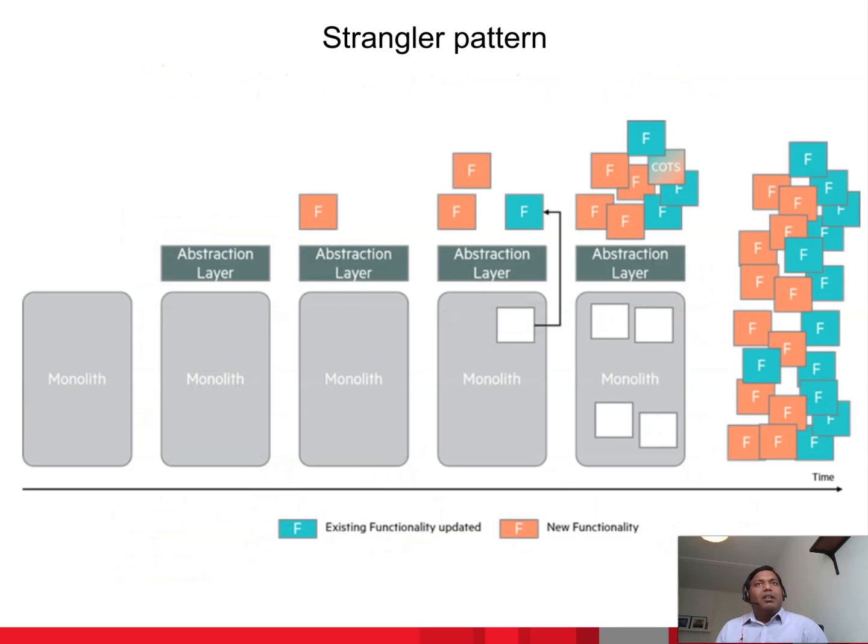The strangler pattern is quite a good approach when we try to slice down or decompose our monolithic application. To enable trunk-based development, we need to renew the architecture basis of our existing application. Fundamentally, we have two ways. One, we either build a new version of the application and swap one for the other, or change the structure on the fly. And that's what we call the strangler application pattern or approach.